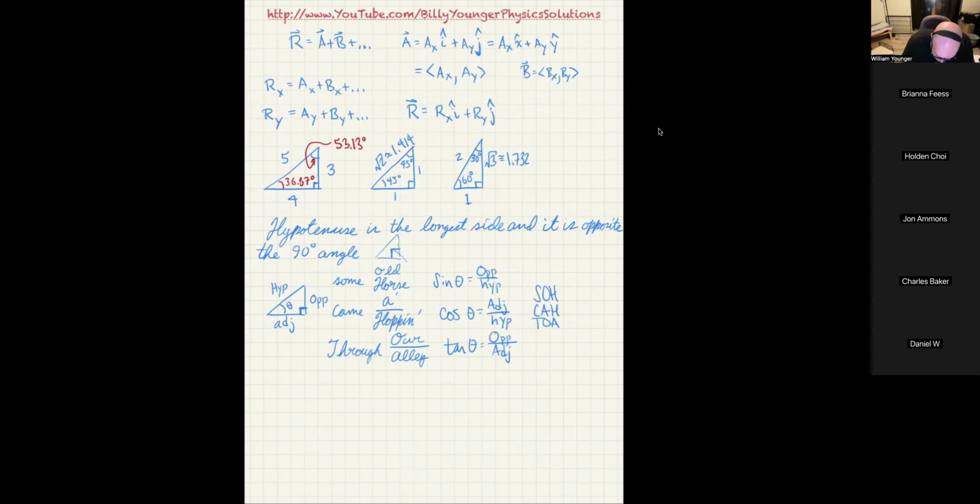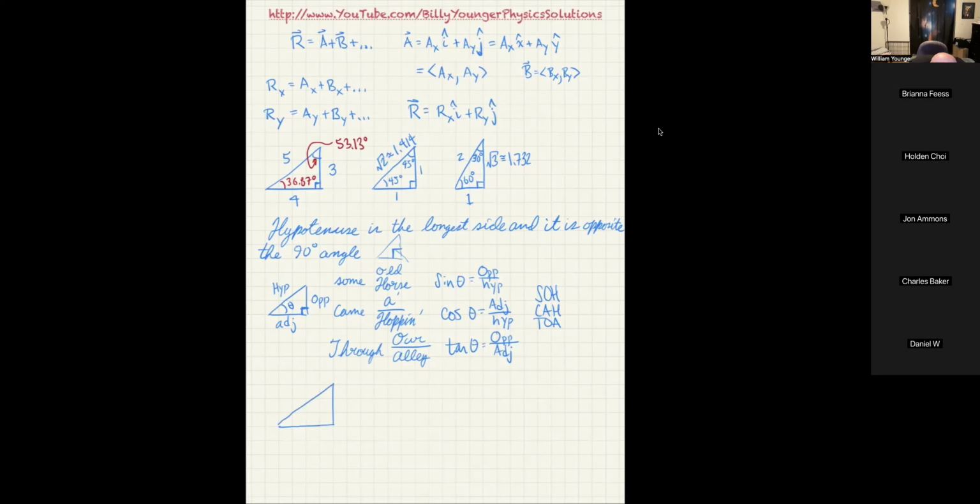So if I were, for instance, to give you a triangle like this, let's say this angle right here is 36.87 degrees, and this hypotenuse is a vector, and that vector is called A. The way I could write magnitude, for instance, is just put an absolute value bar around it, and then the magnitude is going to be, let's say, actually, let's do it a little more crazy.